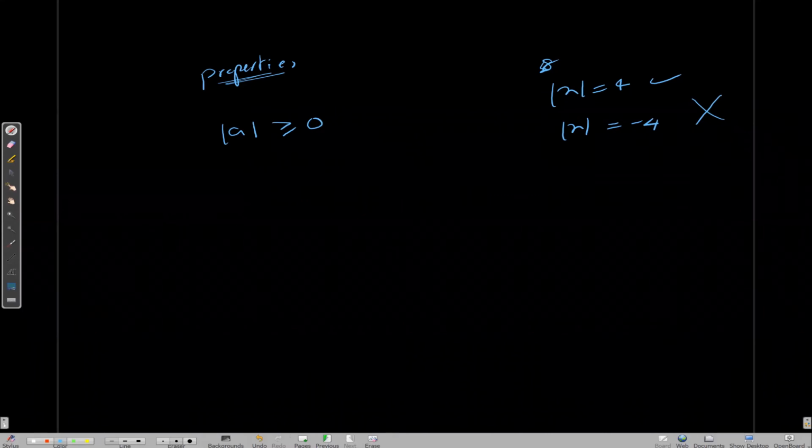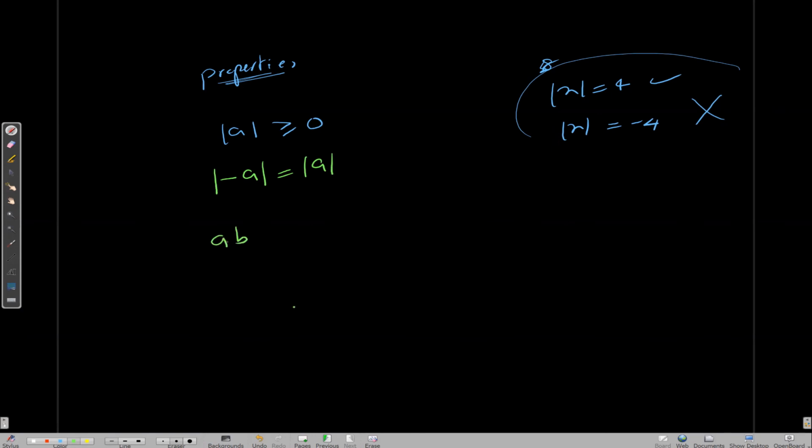Sometimes you have to be careful. And next one, absolute value of negative A is the same as absolute value of A, right? You can check it with any example, any number. That will always happen because, well, this can be explained with our next property.